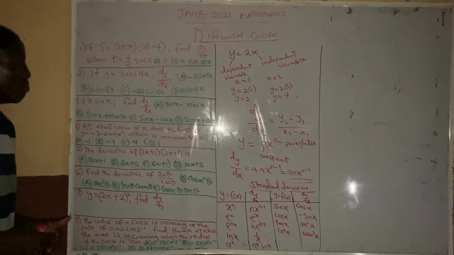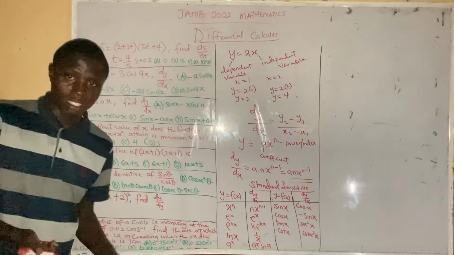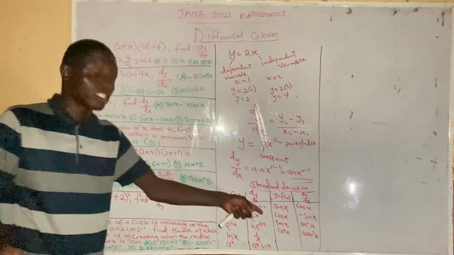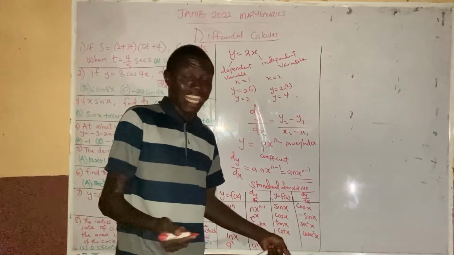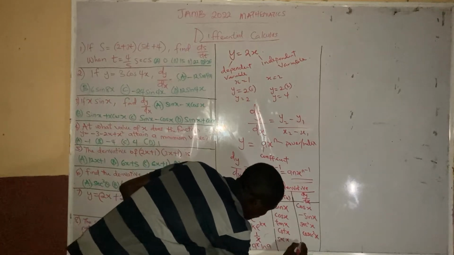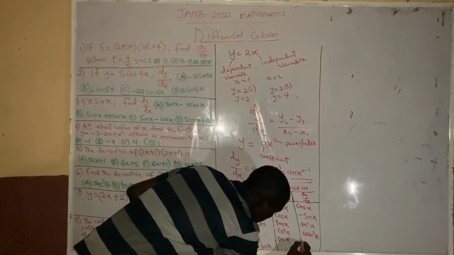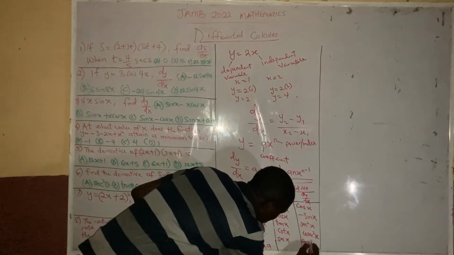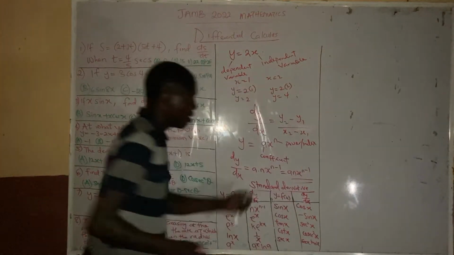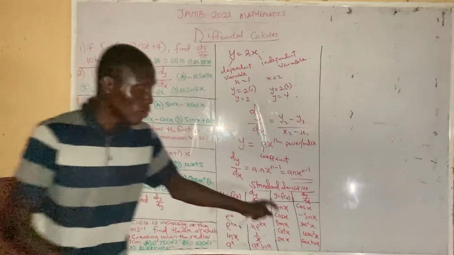So these are the major derivatives. You still have the derivative of sec x, which will be sec x tan x. Others you can derive using these trig functions.